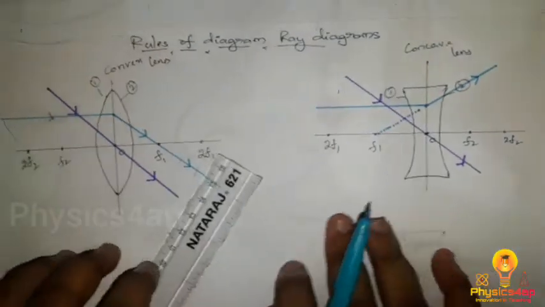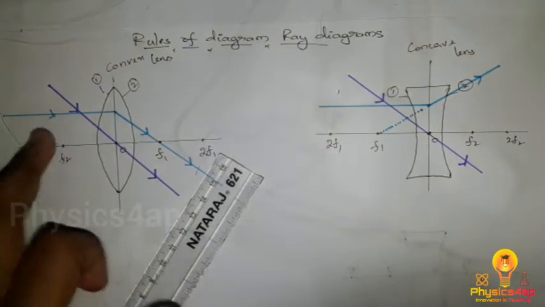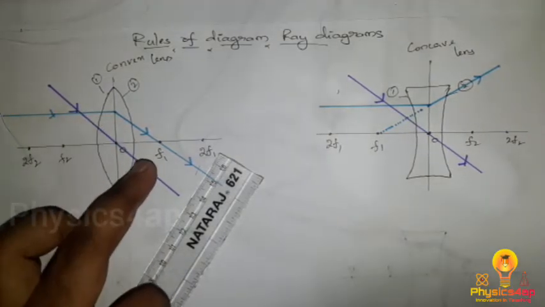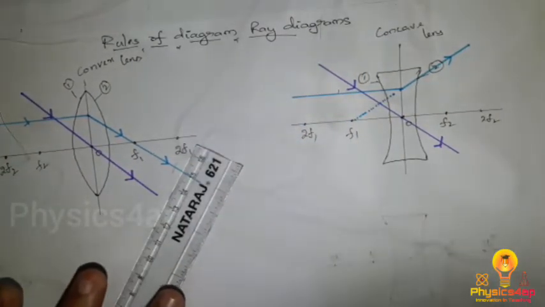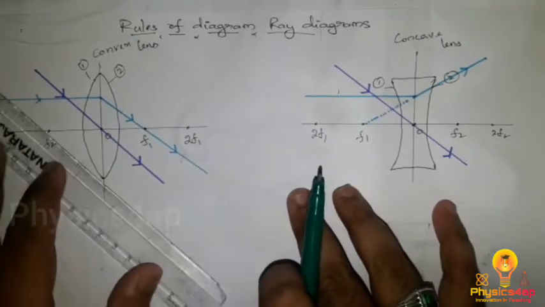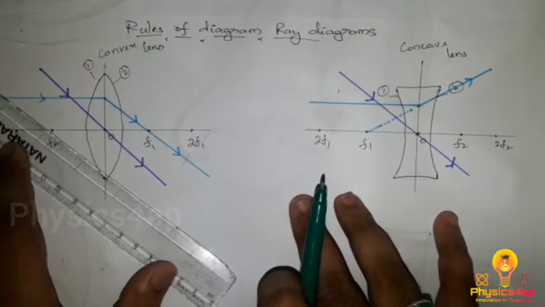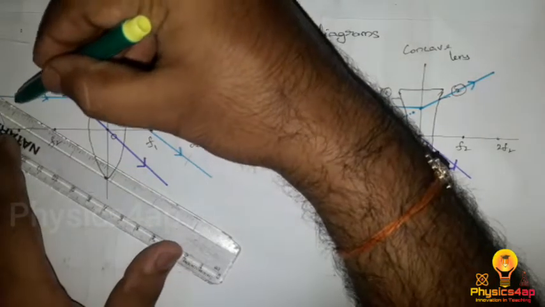So when the light ray passes parallel to the principal axis, it passes through the focus; in the case of a concave lens, it gets diverged. And the third rule is when it passes through the focus. So when the light ray passes through the focus, let us see.